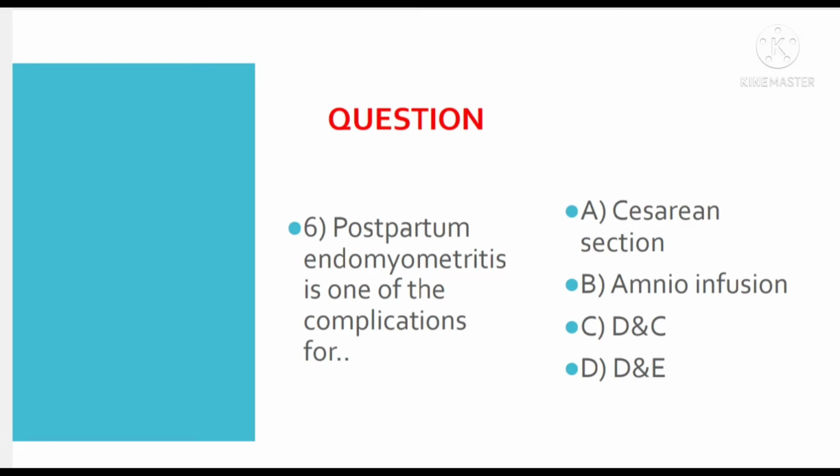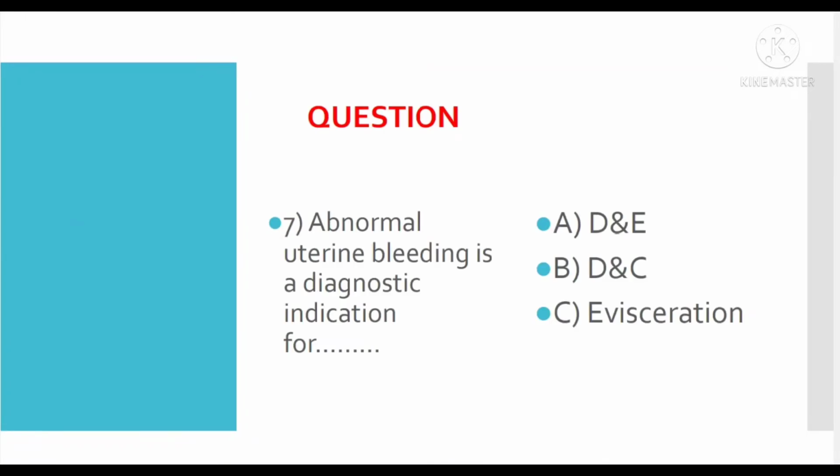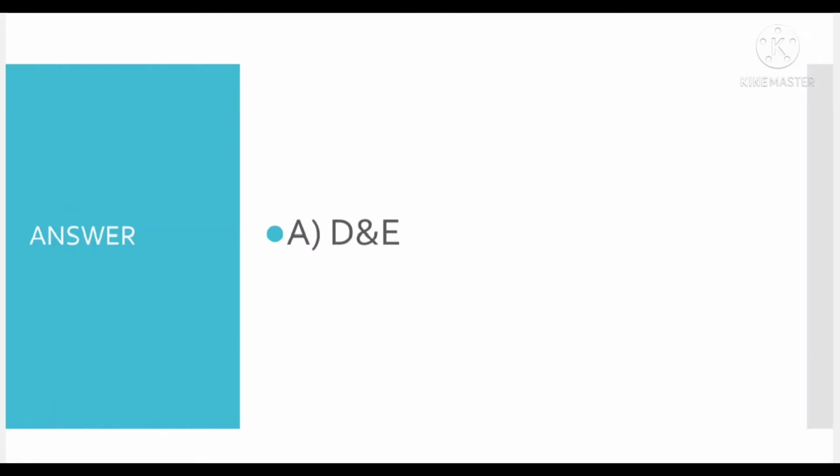Here the correct answer: option A, Cesarean section. Next question, question number 7. Abnormal uterine bleeding is a diagnostic indication for: A D and E, B D and C, and C evisceration. Here the correct answer: option A, D and E, dilatation and evacuation.